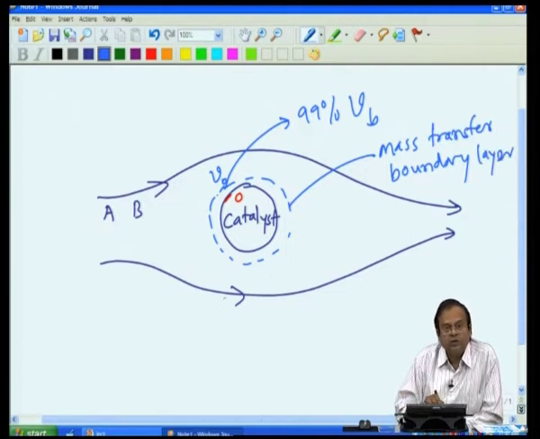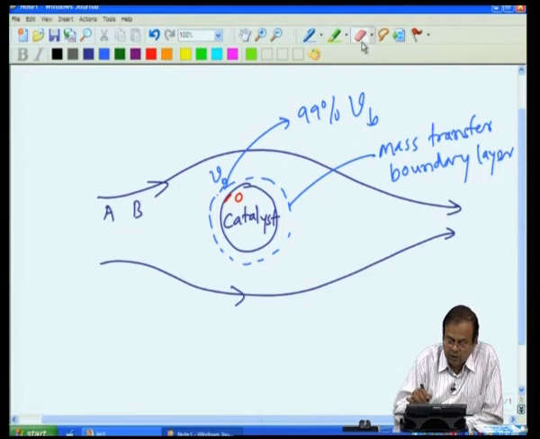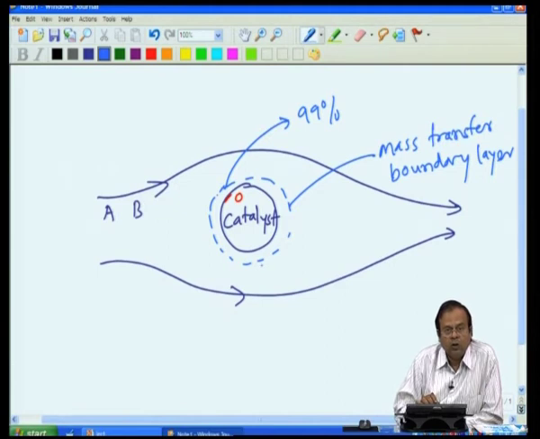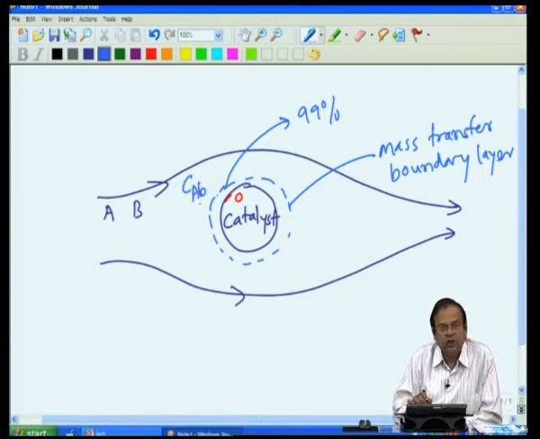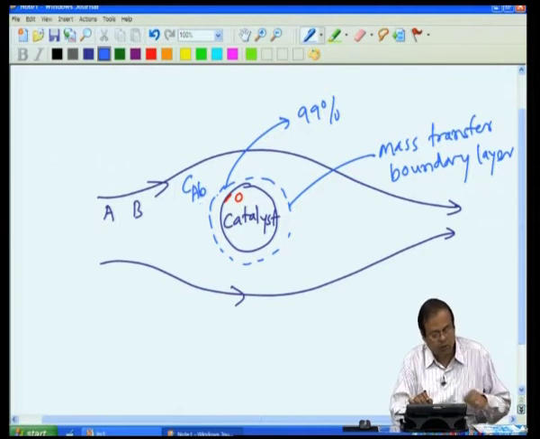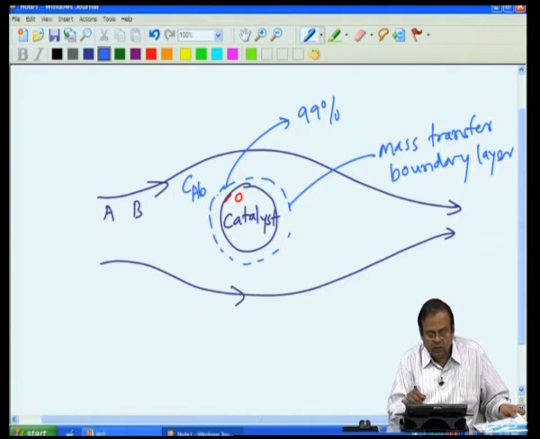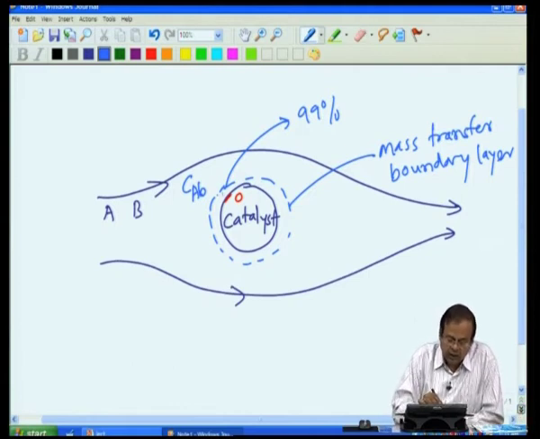What is the characteristic of this mass transfer boundary layer? In a similar manner to what we talked about for velocity, if the concentration of A in the bulk is CAB, subscript B to denote that it is a bulk concentration, then the layer has a thickness delta, let us say.